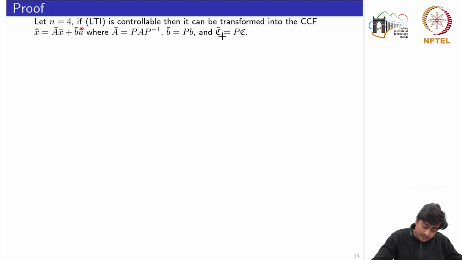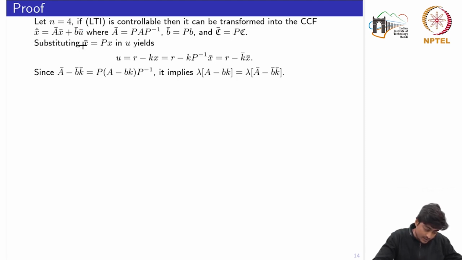There is also a relationship between the controllability matrices. The one with a bar sign represents the controllability matrix of the transformed pair, and this matrix is of the original AB pair, and they are related by this P matrix as well.